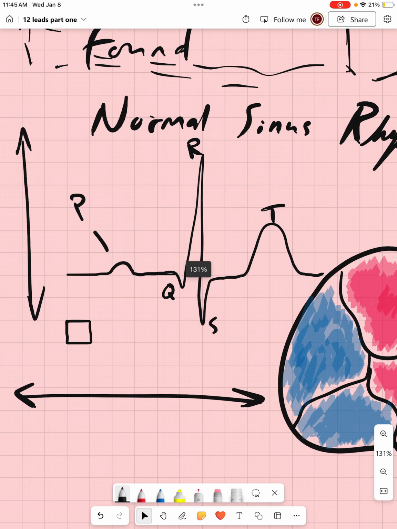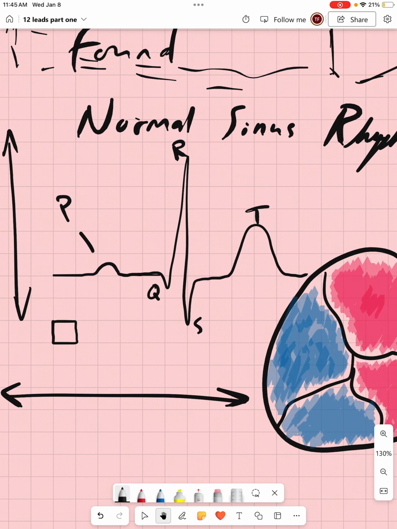So what you're seeing here, I have a P wave, Q, R, S, back to the baseline, which is referred to as our isometric line, which is basically the neutral point electrically.